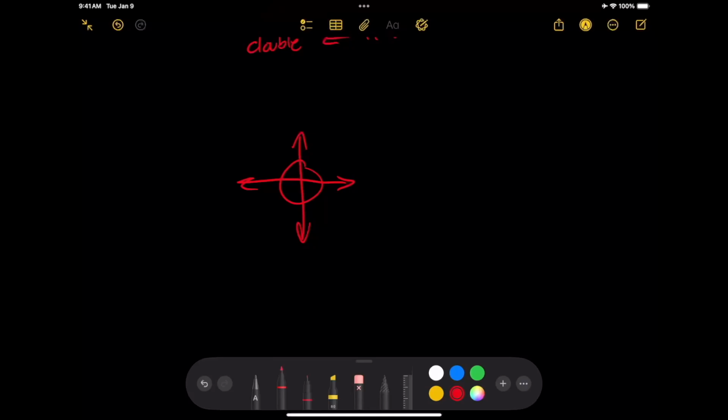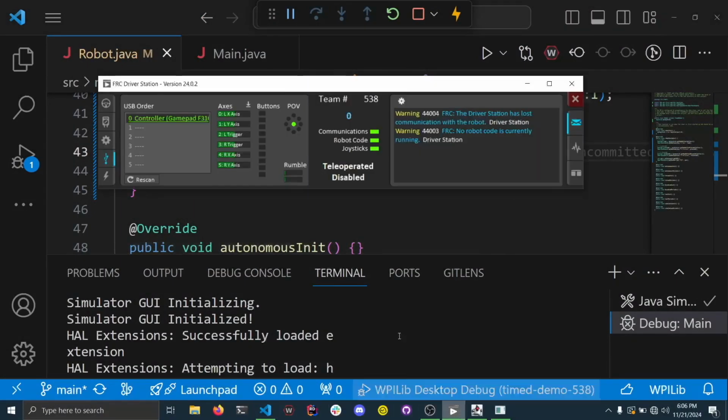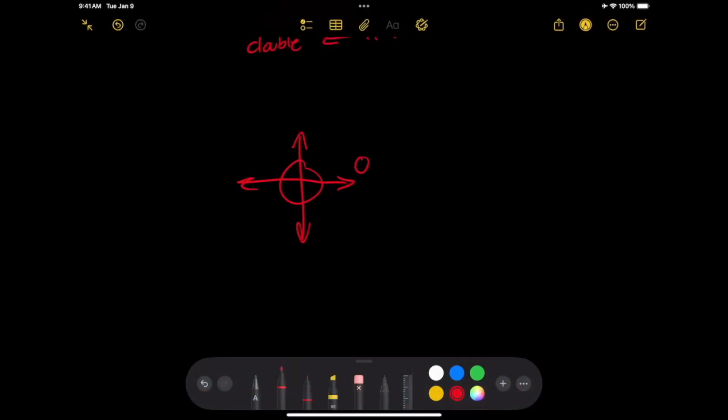So if we look in Driver Station, let's go Windows, let's go to Driver Station, let's go to the pads. If I move this left joystick up, I can see that axis 1 is moving a lot. If I move it side to side, I can see that axis 0 is moving a lot. So right away that tells me that this axis is axis 0 and this axis is axis 1. But there's a joystick on the right side as well. What numbers do you get for left and right on that joystick?